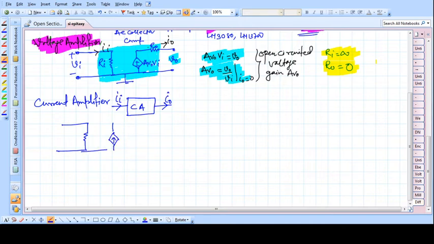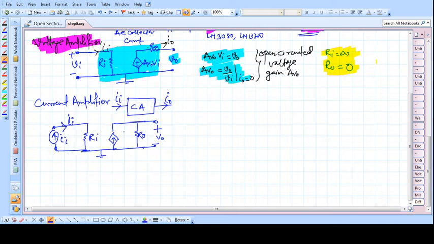So draw Ii and Ri, and this one is the Norton representation, so this should be R naught, with plus minus V naught and some input voltage Vi. But for the current amplifier, otherwise there will be confusion, we just take this source as an Ii source.